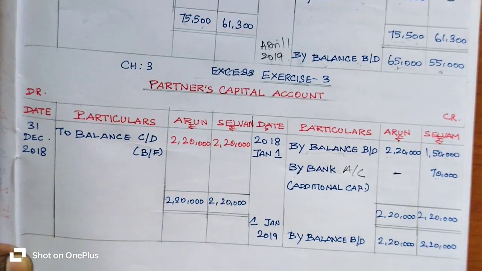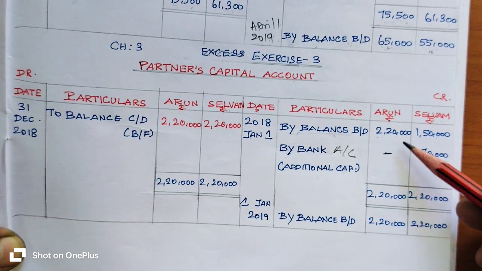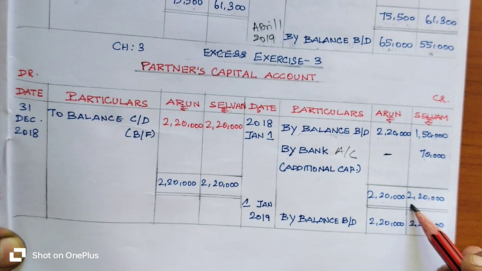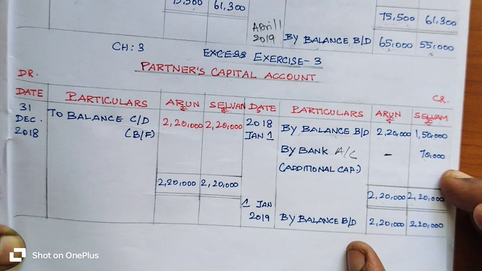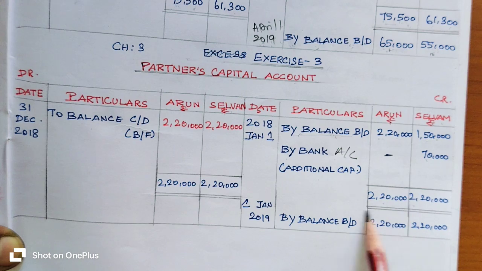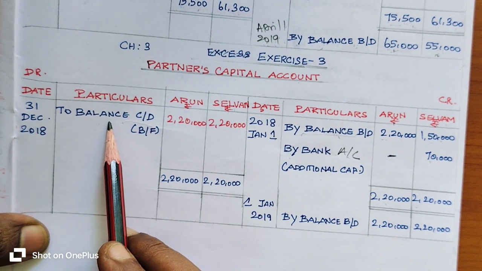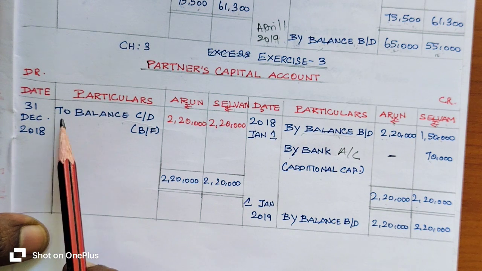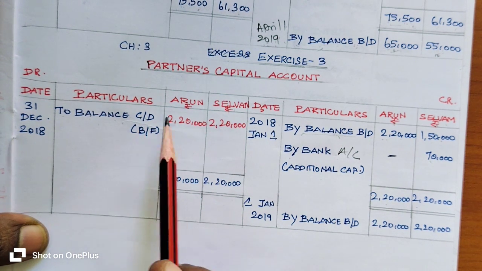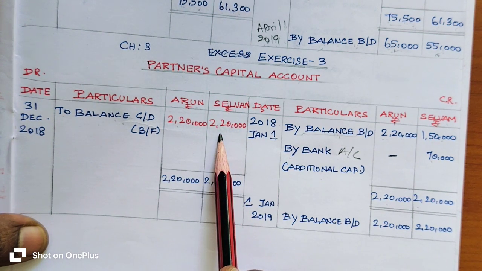Now we are going to close the account. Arun's total is 2,20,000. Selvam's total is 2,20,000. If you get the total on credit side, then the closing balance is to be recorded on debit side, right? So as per the format, you have to write by balance carried down. This means closing balance. Arun's closing balance is 2,20,000. Selvam's is 2,20,000.